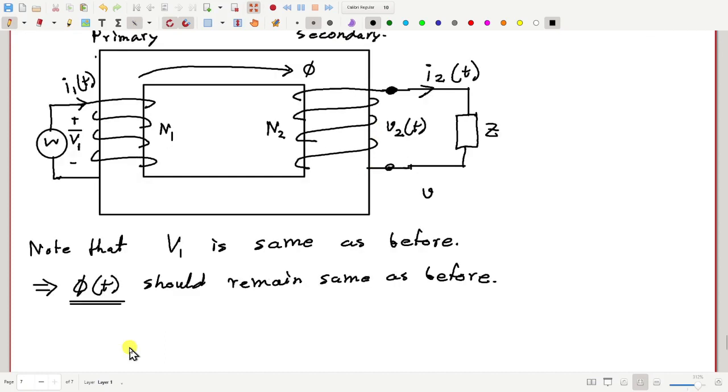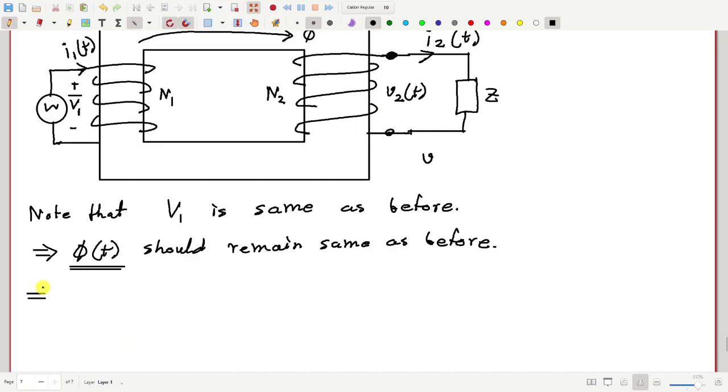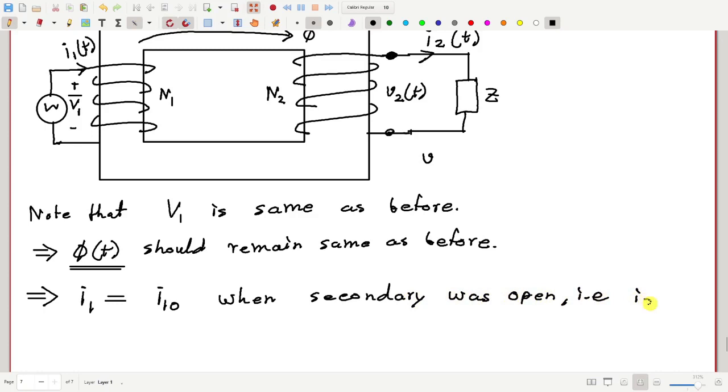How is that possible? Suppose I1 was equal to I1 naught when the secondary was open. That means I2 was equal to 0.